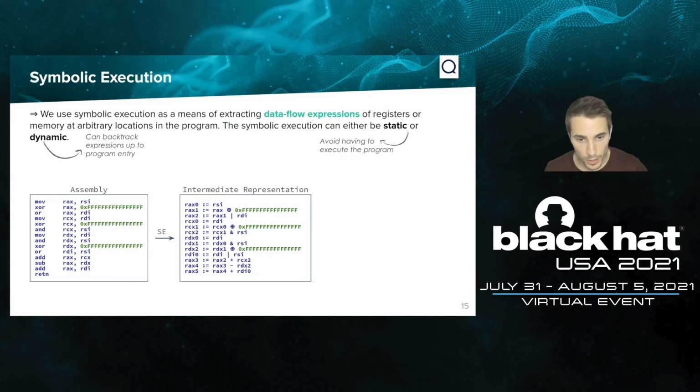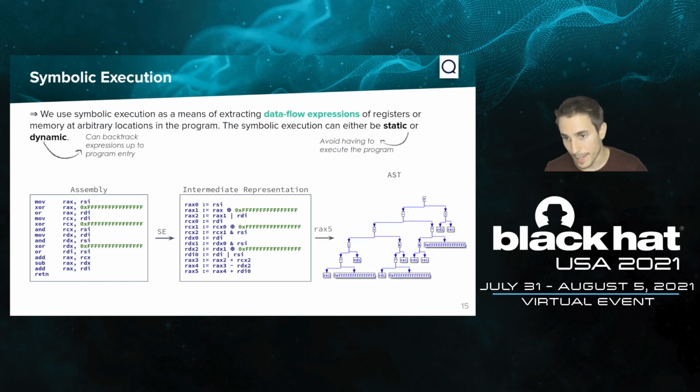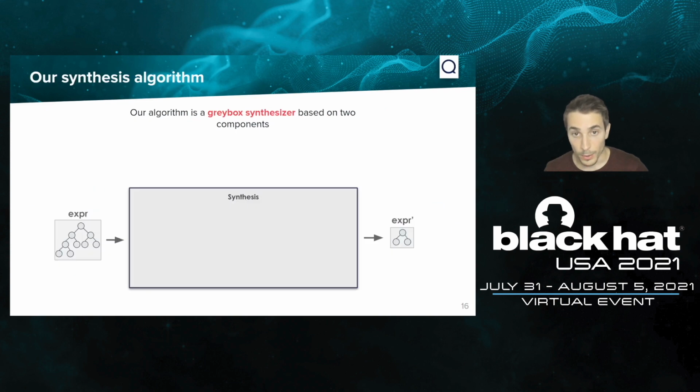And let's say that you want to have the RAX value at the end here. What you're going to obtain is an abstract syntax tree representing the RAX value at that location.